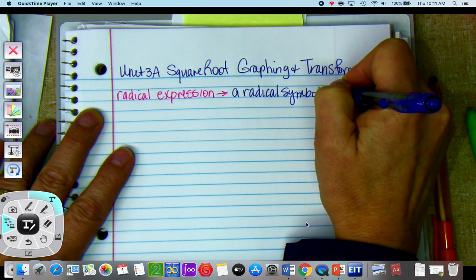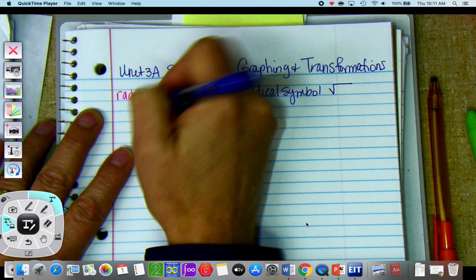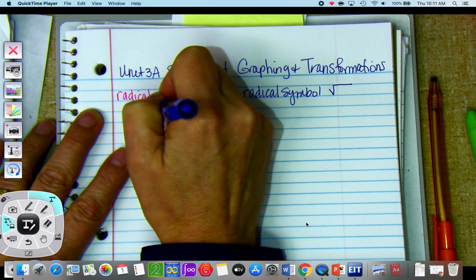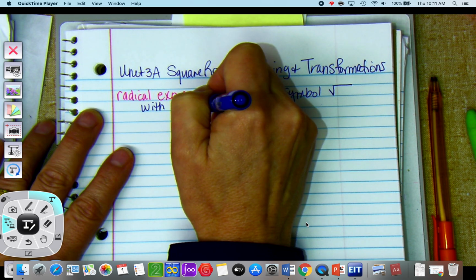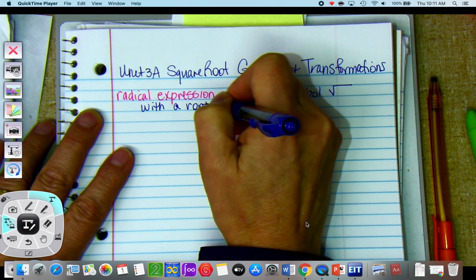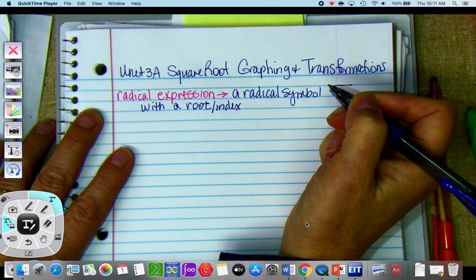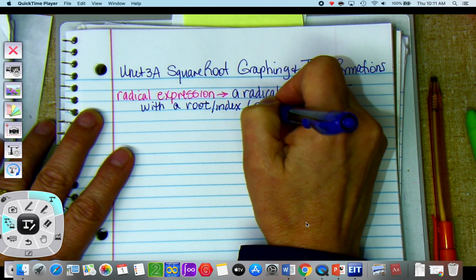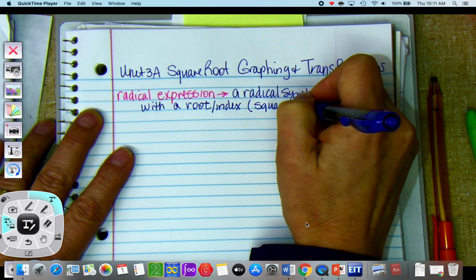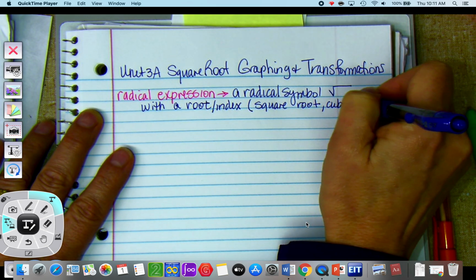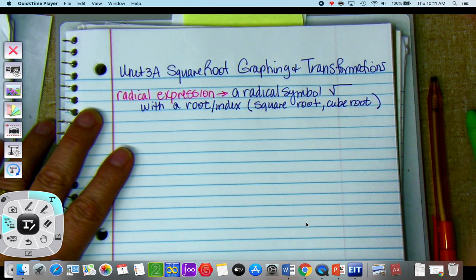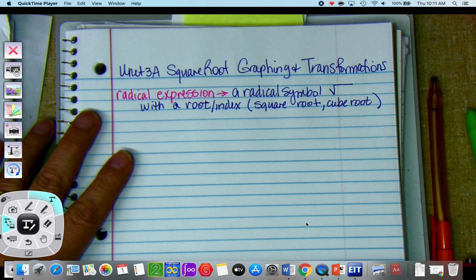This is what a radical symbol looks like with a root. And another word for root is index, such as square root, or cube root, and then it goes on. Fourth root, fifth root.